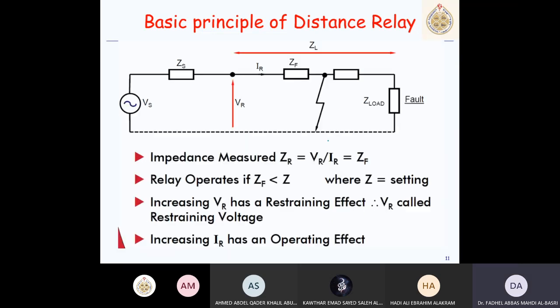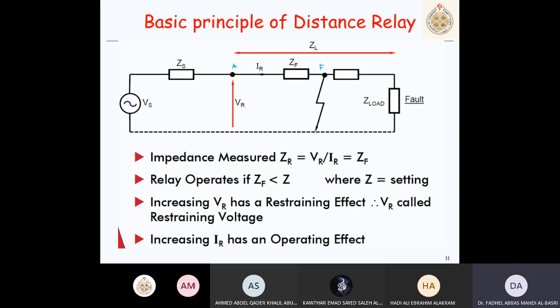Now when a fault occurs somewhere in the line, the impedance of the line from point A, where the relay is located, to the fault point F in the line, we call ZF. This ZF could be 50% of Z line, could be at 80%, anywhere in the line.